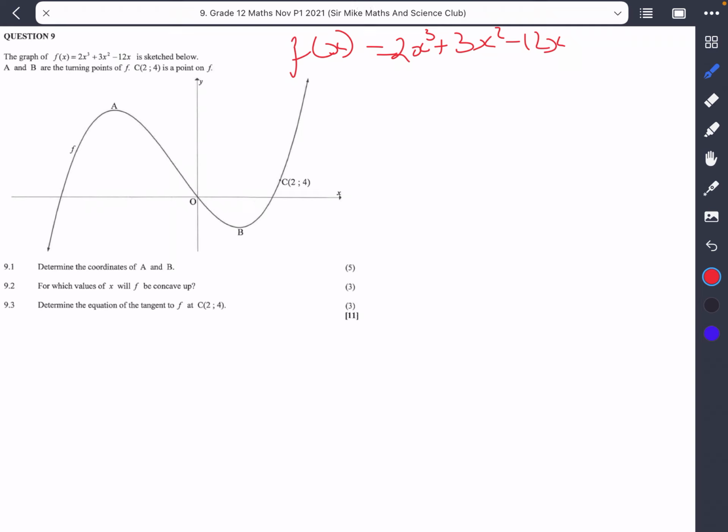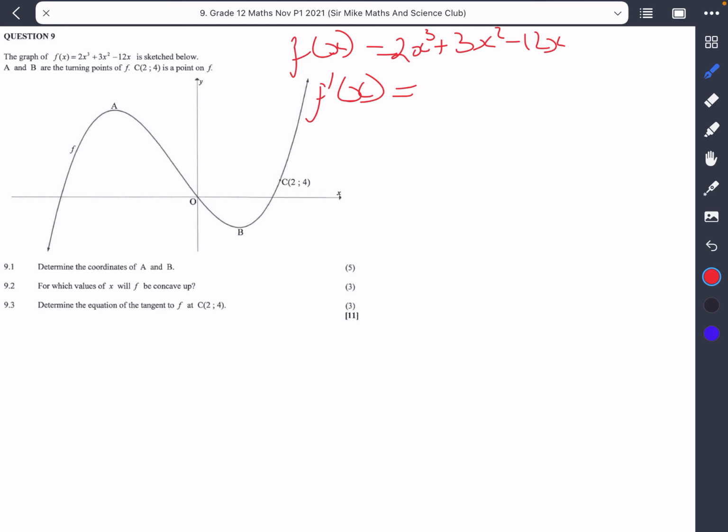I'm going to find the first derivative of that, and then equate it to 0. To get the derivative, I take the power and multiply it by the coefficient of x, and then subtract 1 from the power.